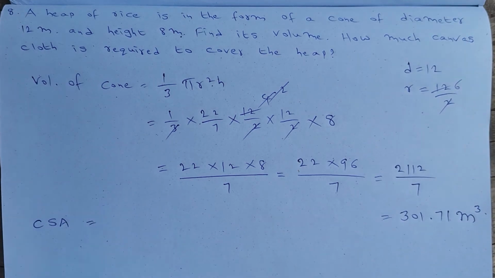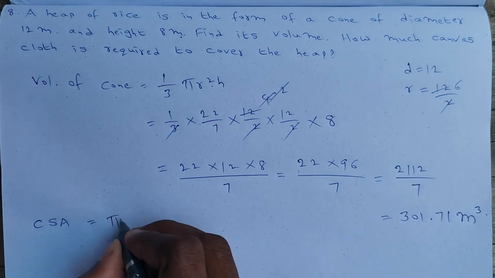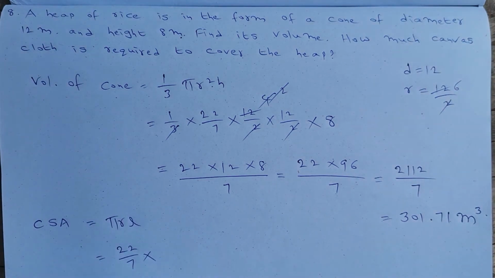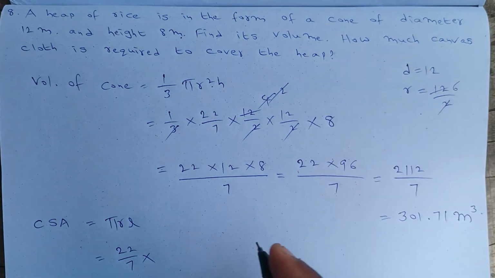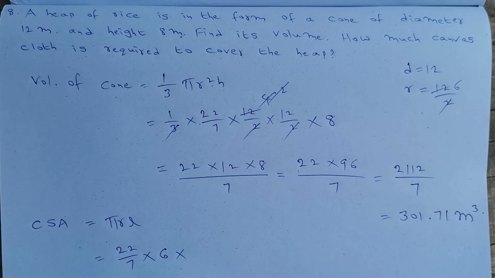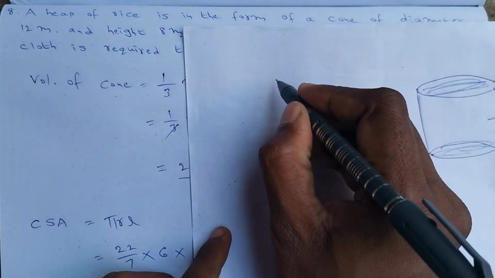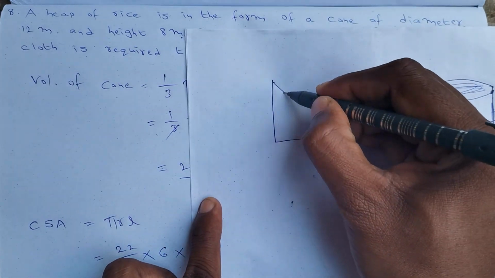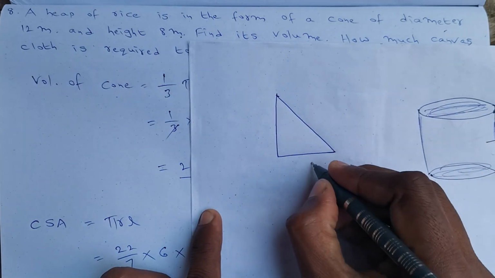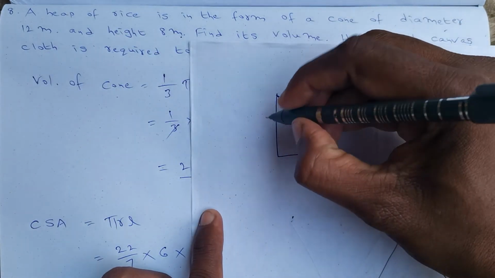Curved surface area of a cone, nothing but pi RL. Pi value we know 22 by 7 into, and radius we know already it is 6 into. Then what about the L, that is slant height? Slant height is not given, so we need to find out that. Diameter is given as 12, nothing but radius 6, and height is given as 8.